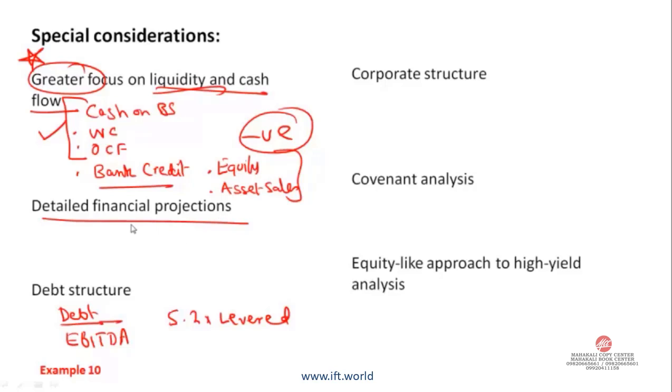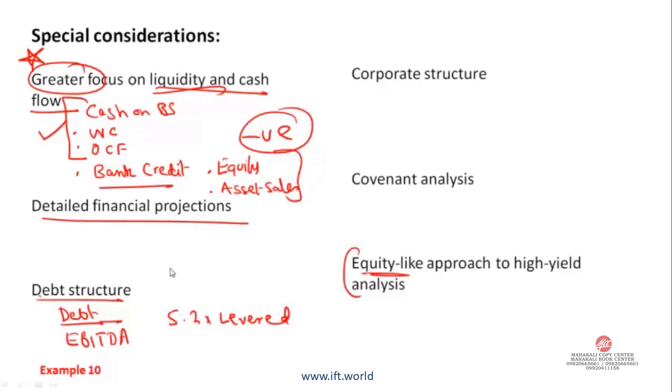And this essentially highlights a point that we'll make later also, that the analysis of junk bonds has a lot in common with the analysis of equities. Debt structure is important. When we are evaluating the issuer of junk bonds, we need to understand the debt structure.